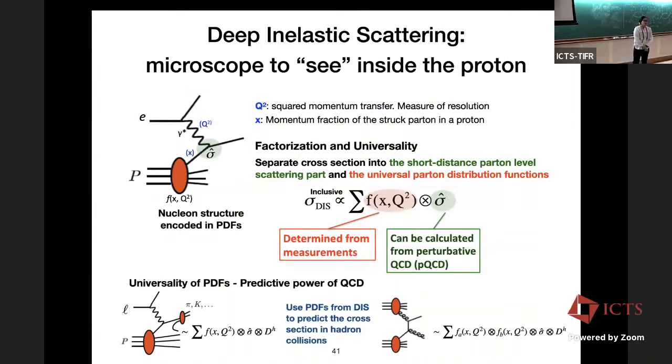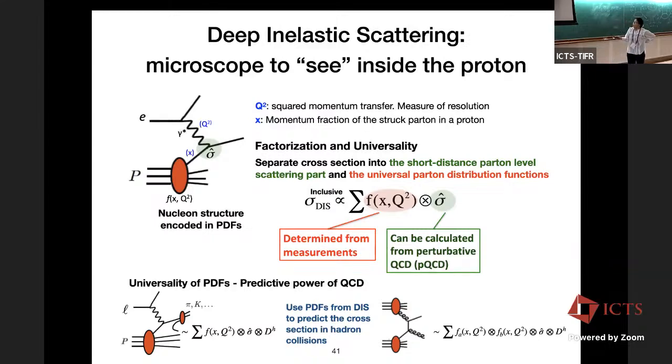So the deep inelastic scattering that we've been talking about a lot, I won't go through much detail, as the introduction has been given multiple times. We measure the cross section and determine the parton distribution functions, from the fact that it can be factorized between short distance and long distance interaction.